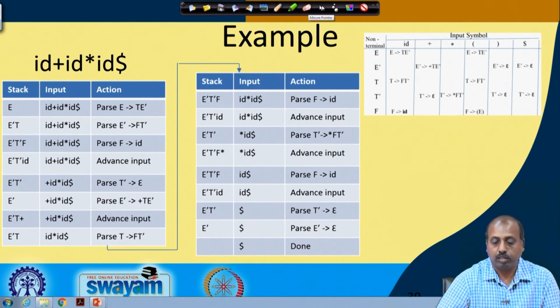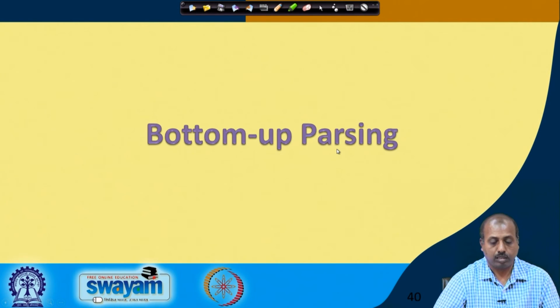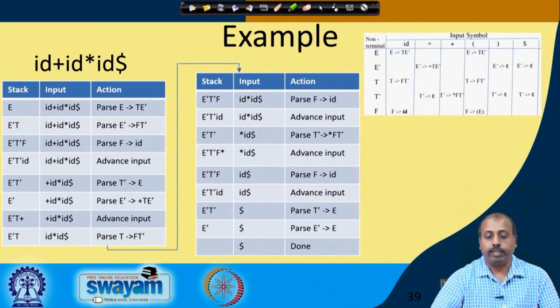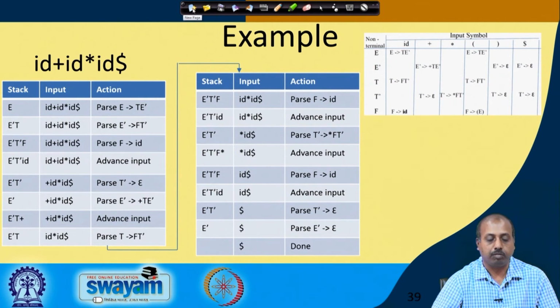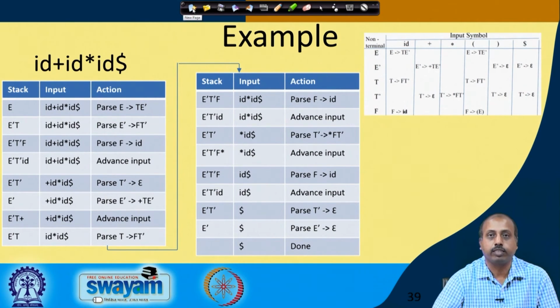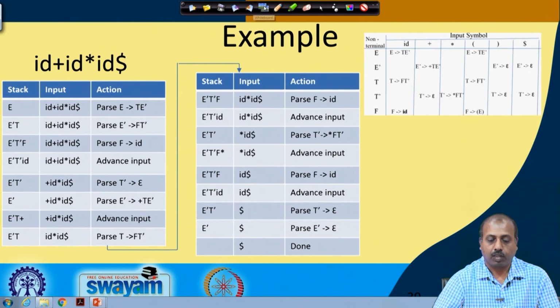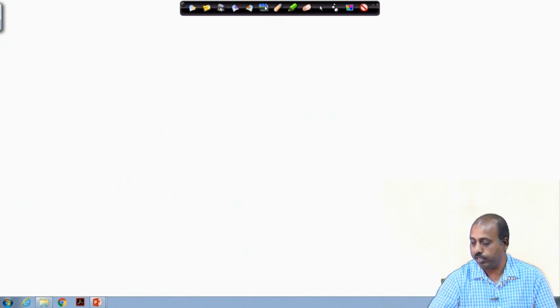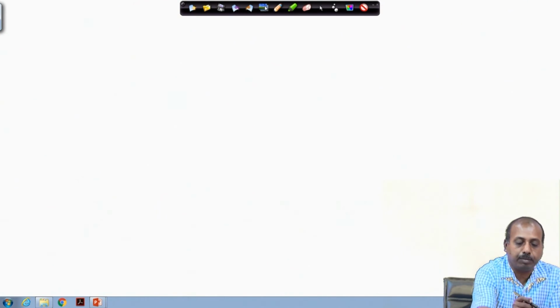So we will take a few examples to work out, and we will see how we can write a few grammars and how we can construct different types of parsers. For that purpose, let us first try to write a few example grammars.